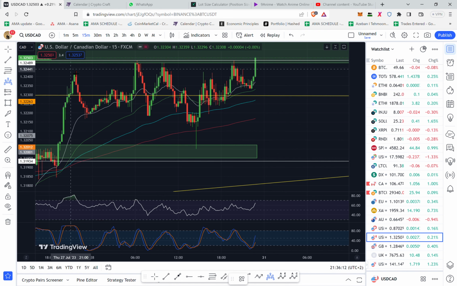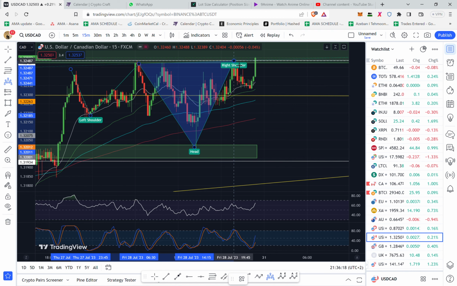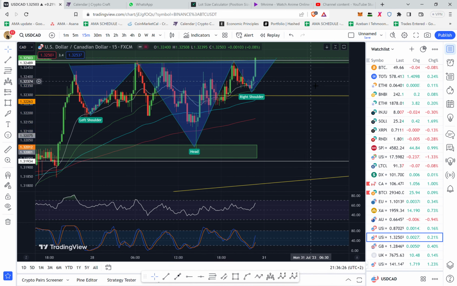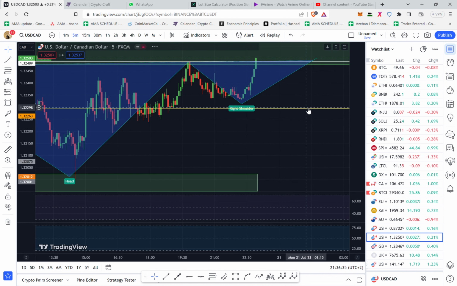So we can say left shoulder, head, and right shoulder right here. So we have a breakout right here. So maybe some sort of a pullback into the zone before entering.